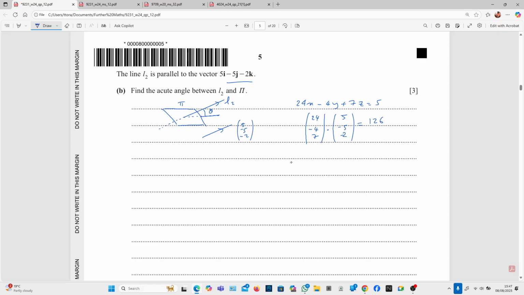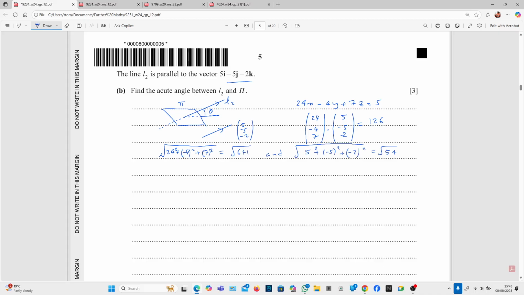And from here we're also going to find the magnitude of each of these vectors. Just to make it fast, if you find the magnitude of each of these vectors, you're going to get this.